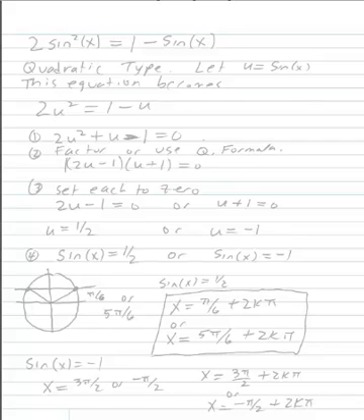In this video, we are going to solve the equation 2 sine squared x is equal to 1 minus the sine of x. And here we need to realize that this equation is of quadratic type.